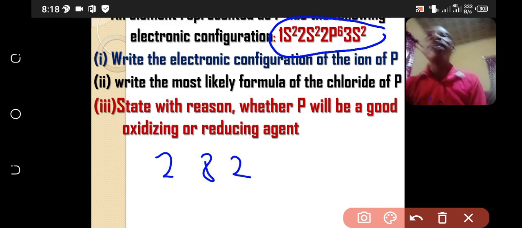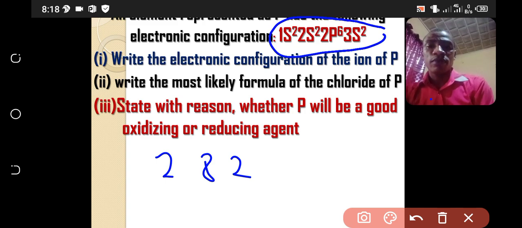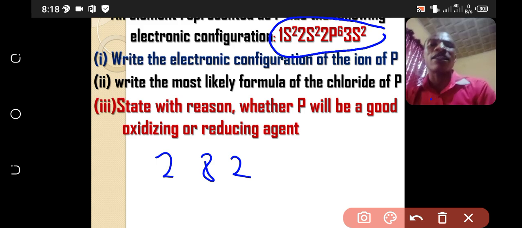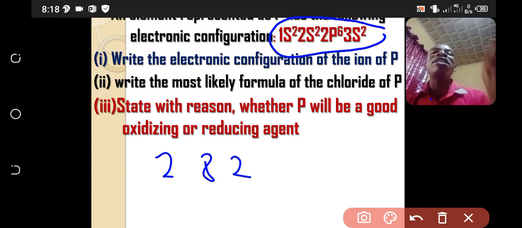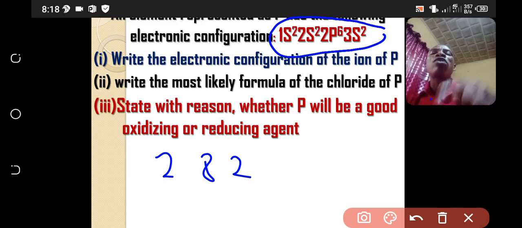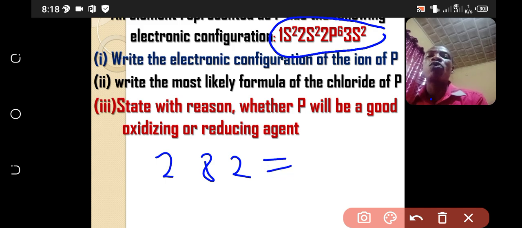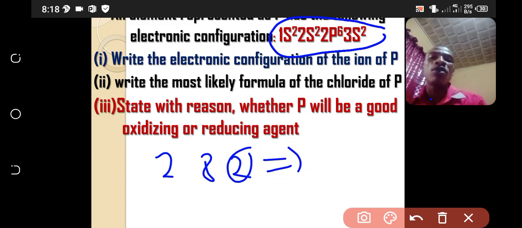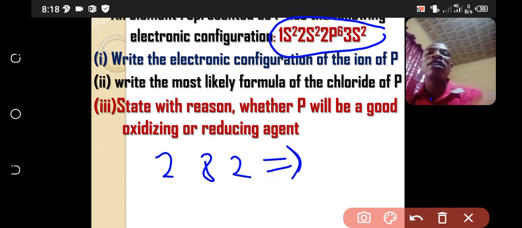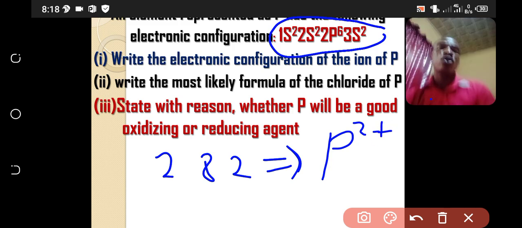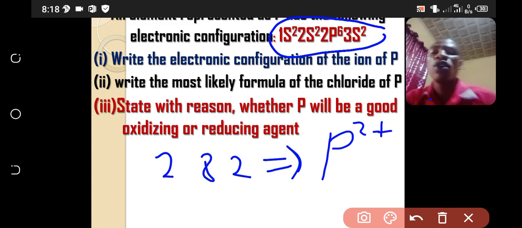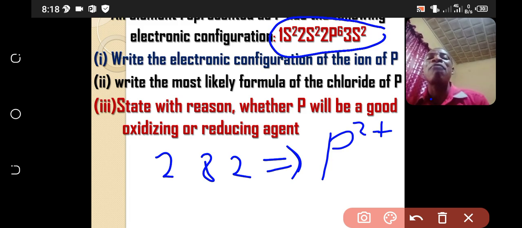Now very clearly the element is in group 2. The element is a metal, an alkaline earth metal. So what will be the ion of the element? Surely the element will lose 2 electrons to become stable. So the element will become P2+. That means the ion will be 2+, and it will lose 2 electrons.